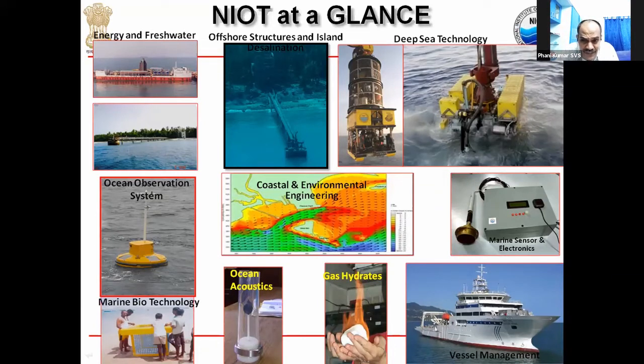We have our own vessels which can go all the way up to Antarctica, and one of the vessels supports the Antarctica program that is carried out by one of our sister organizations, NCPOR, National Center for Antarctic and Ocean Research.